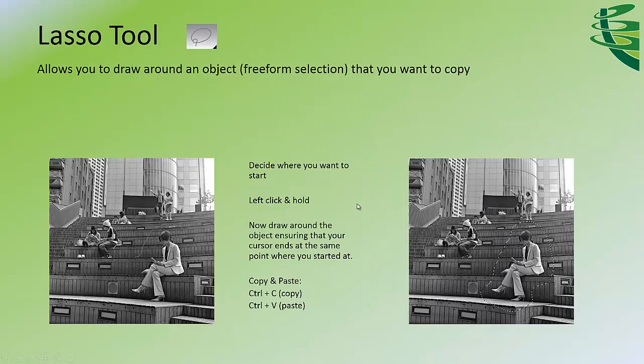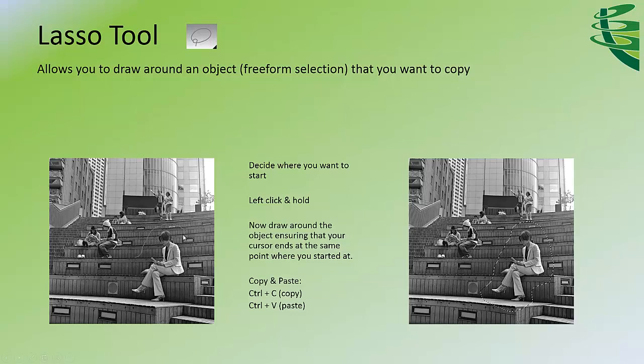Okay, so the lasso tool. The lasso tool allows us to literally physically hand draw around an area to select. Maybe you need to get it more closely, perspective wise, to the actual image itself that you want to copy.